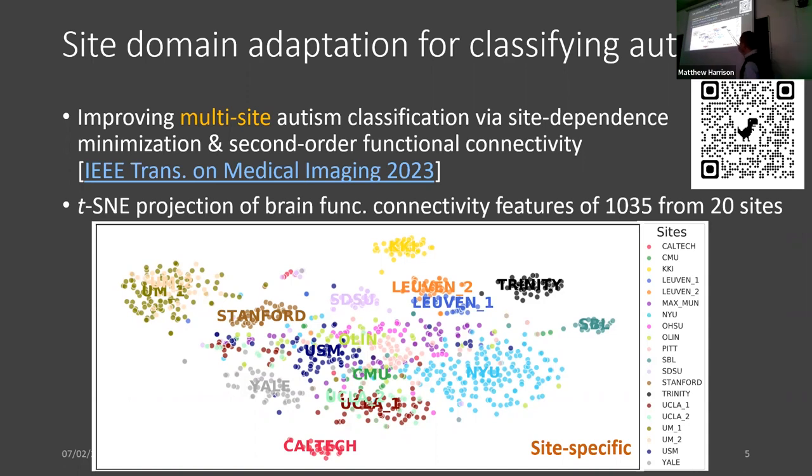So here is a 2D embedding of the brain functional connectivity, the network features of 1,035 subjects from 20 sites. These are sites, some from New York, some from Stanford. You can see NYU. That's Stanford.